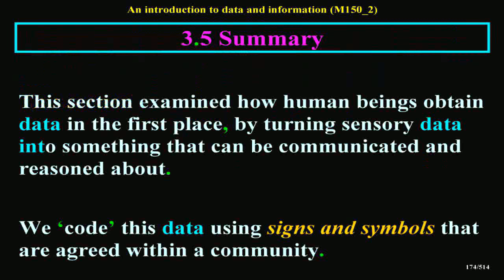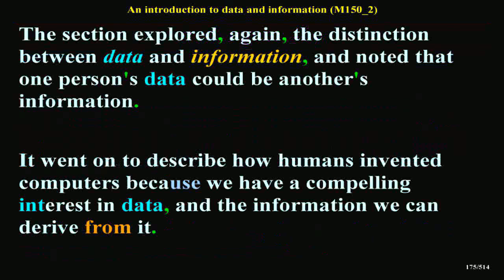5 Summary. This section examined how human beings obtain data in the first place, by turning sensory data into something that can be communicated and reasoned about. We code this data using signs and symbols that are agreed within a community. The section explored, again, the distinction between data and information, and noted that one person's data could be another's information.